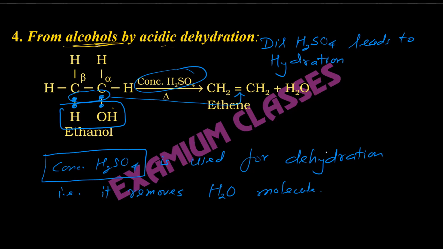Those are poisons. In Lindlar's catalyst, the catalytic part will be lead and calcium carbonate. You can use lead and barium sulfate as well. You can use nickel boride also. So just remember these functions, what we are talking about. What is the function of alcoholic KOH? What is the function of concentrated H2SO4? For all these things, you should be able to recall.